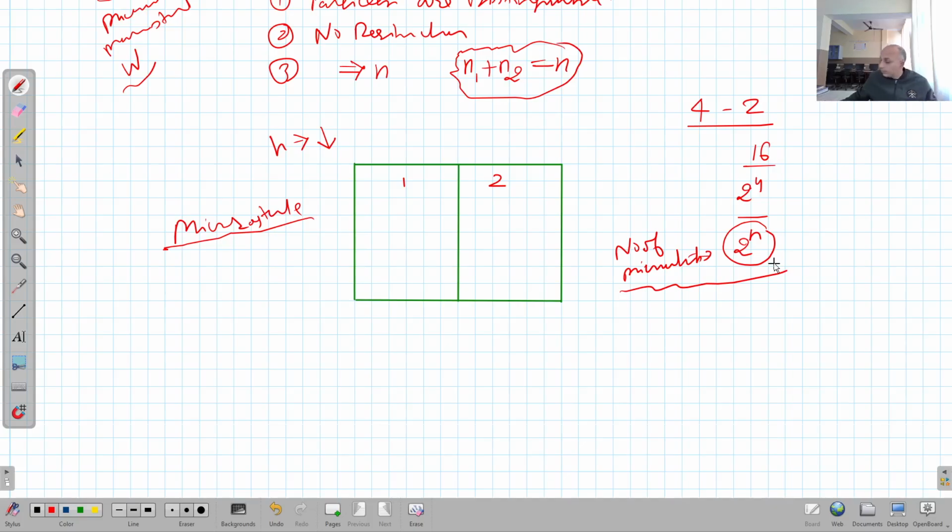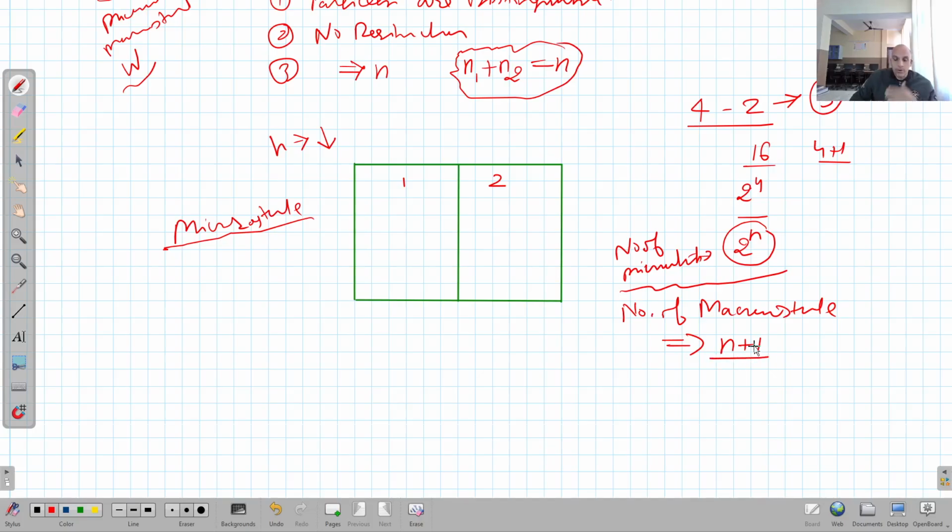Now, the number of macrostates. The number of macrostates in that case was 5, which is 4 plus 1. So here it will be n plus 1.